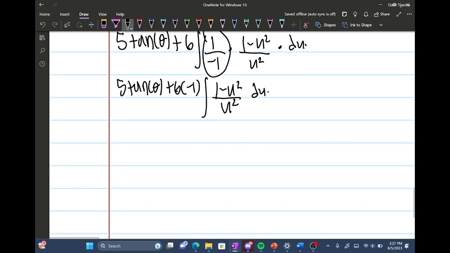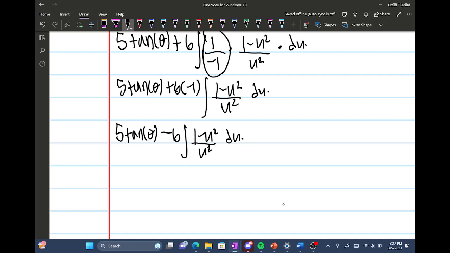Okay, and now this becomes 5 tan of theta minus 6 integral of 1 minus u squared over u squared du. So our only last step here, guys, is to just integrate 1 minus u squared over u squared.